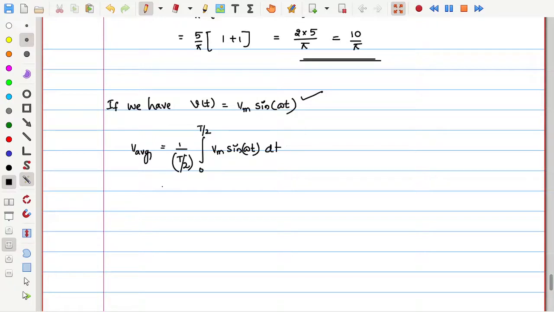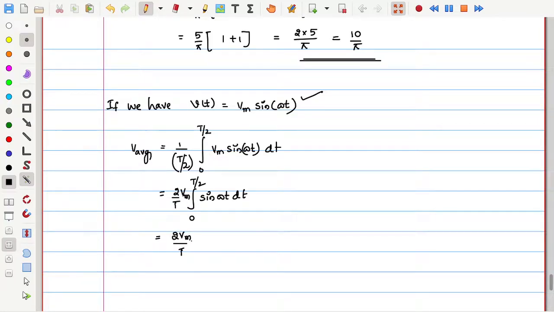So complete this integration and let us see what kind of value we get. That is 2Vm by T integral over 0 to T by 2 of sine omega t dt.